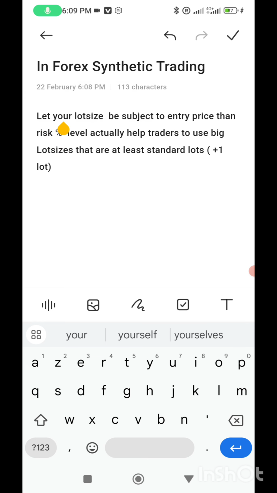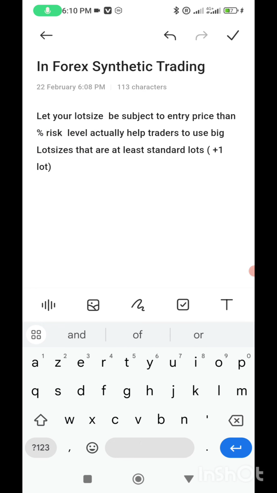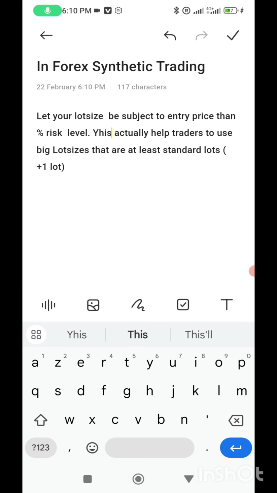This is percentage risk level. This actually helps traders to use big lot sizes that are at least standard lot.